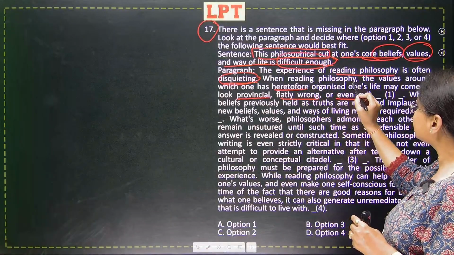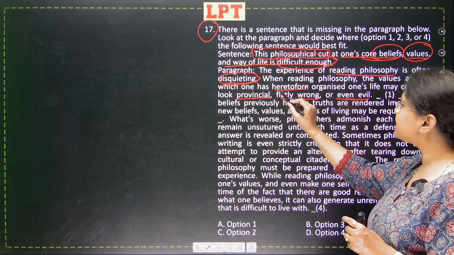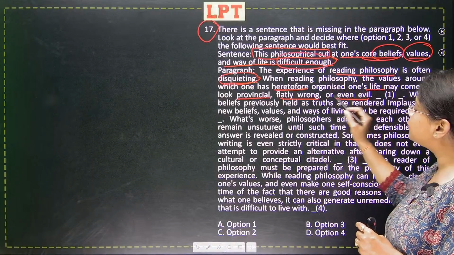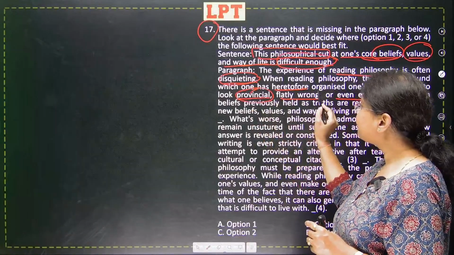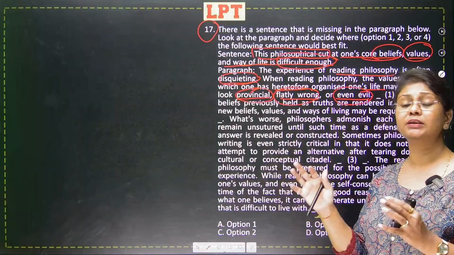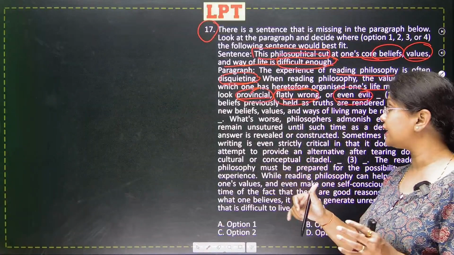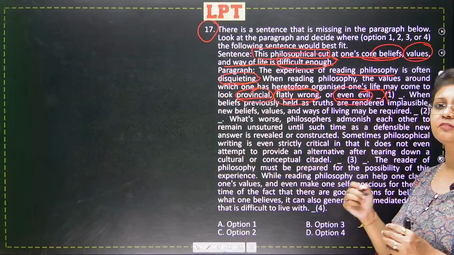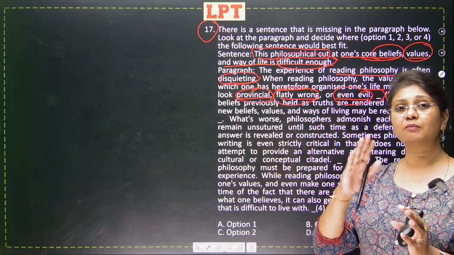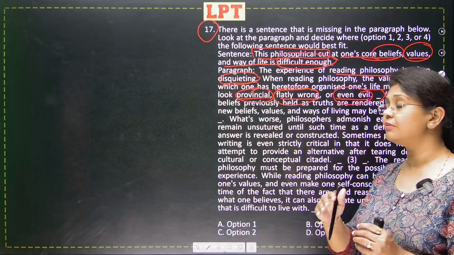So let's just see, because this does not mention the philosophical cut as such. So the first is not, of course, going to be the blank where we put that statement, because we have not talked about the kind of cut that we were referring to.